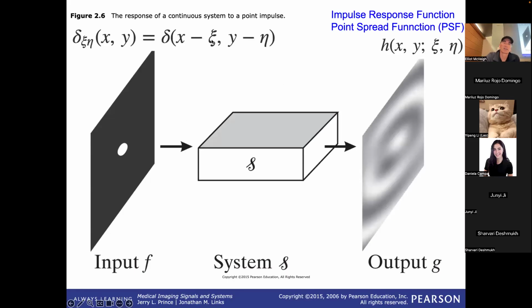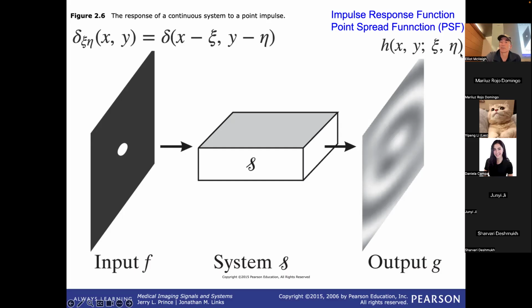So here we'll go back to our impulse response function. And this doesn't look like a dot, but assume this is a tiny dot, right? And I can now create either a point spread function, same as the impulse response function. But when I move my dot here, right, by changing the position of the delta function, with psi and eta, I need a new point spread function to describe what happens when a dot comes in from this location versus this location, right?